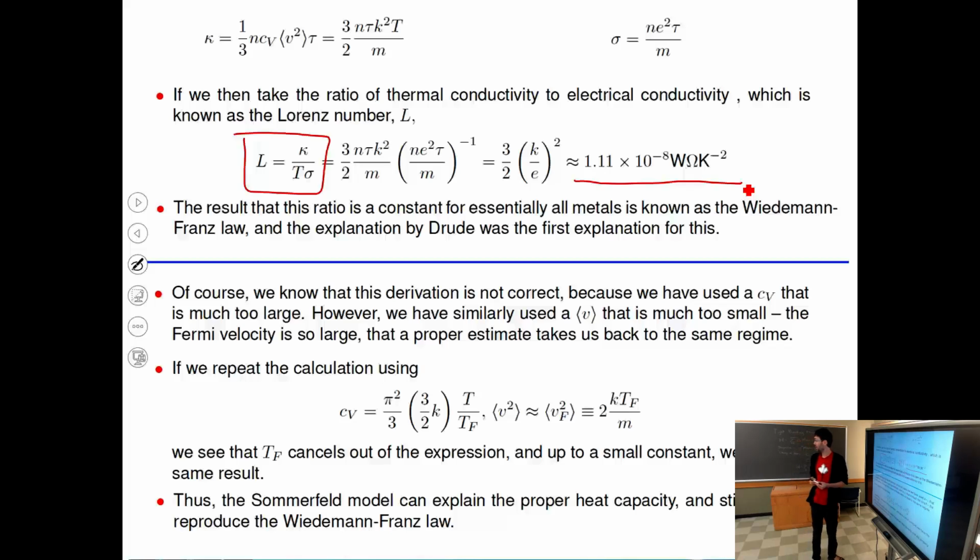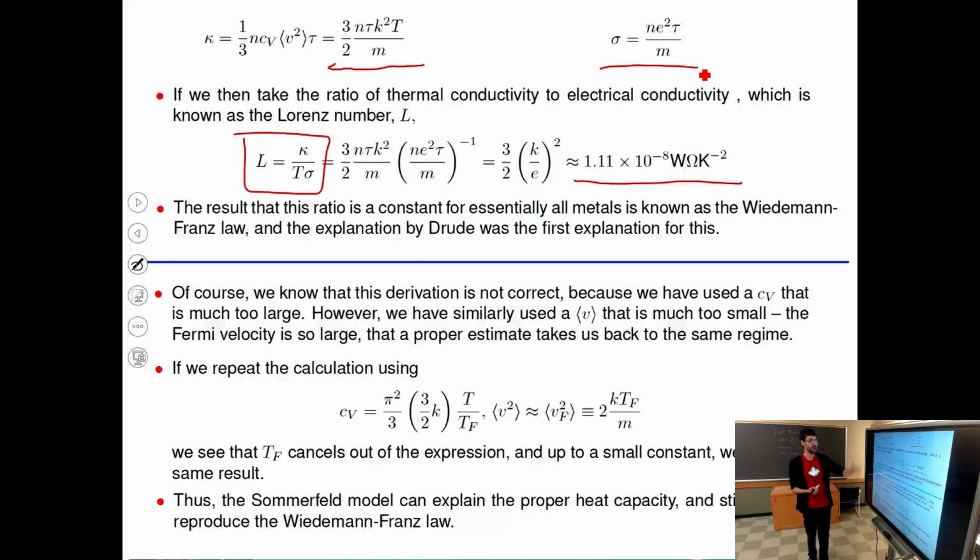Turns out, if you take Drude theory that is based on classical theory, you combine these expressions, and it works out that this indeed is a constant, and it is a fundamental constant made of the Boltzmann constant k, the electric charge, and some prefactor, nothing else.